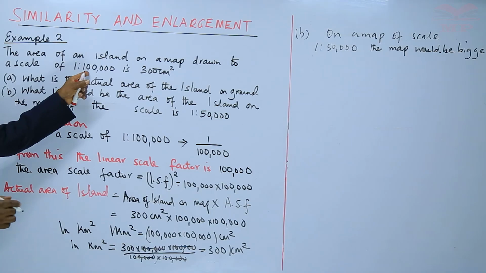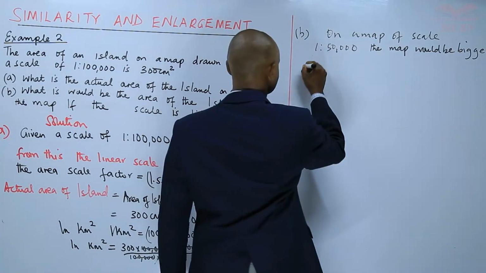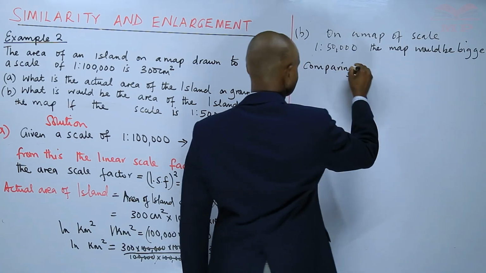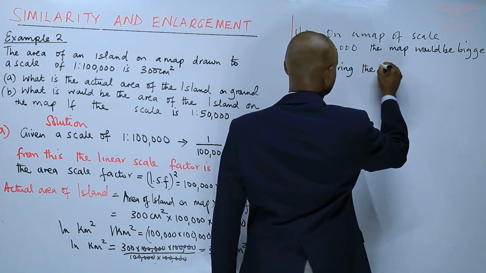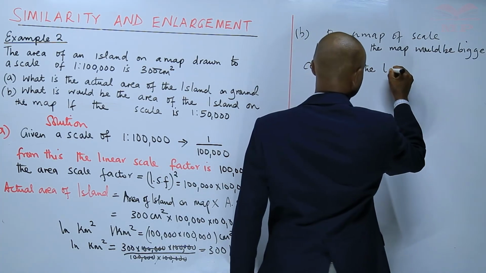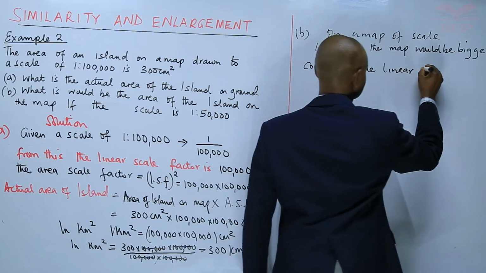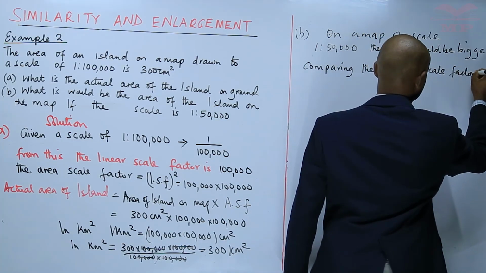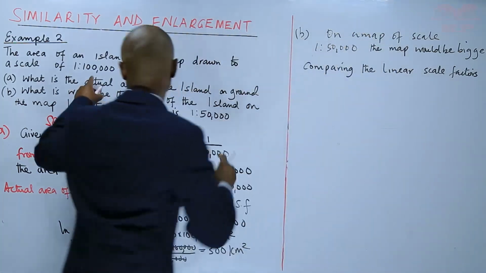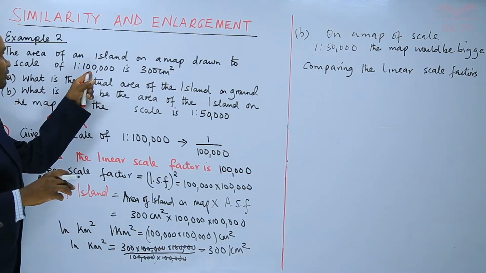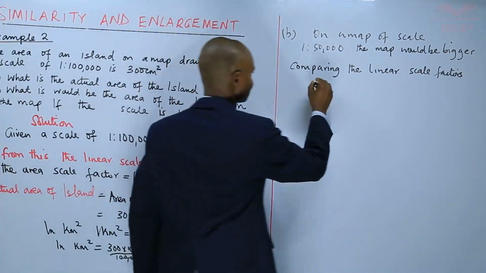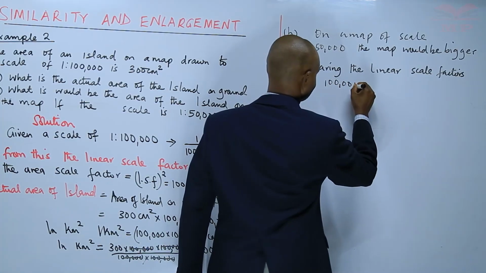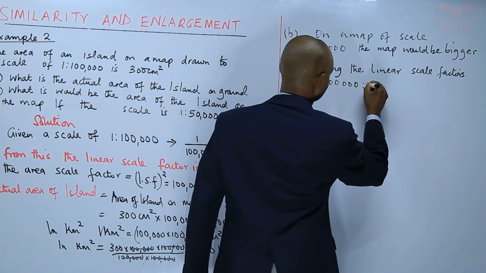So we shall compare linear scale factors. You'll compare the first one, which was drawn to this map, and the other one. So it will be 100,000 to 50,000.